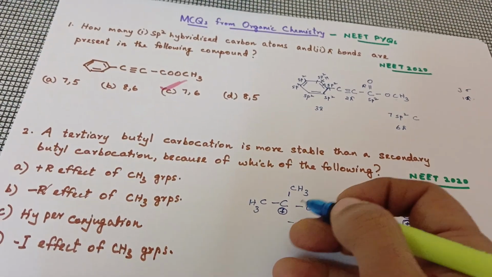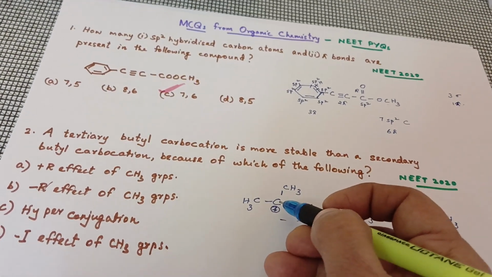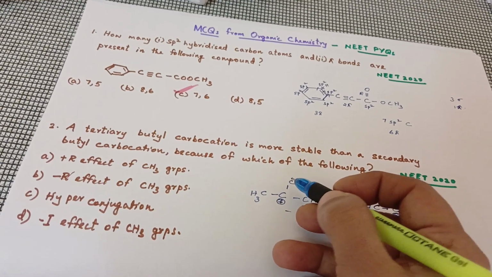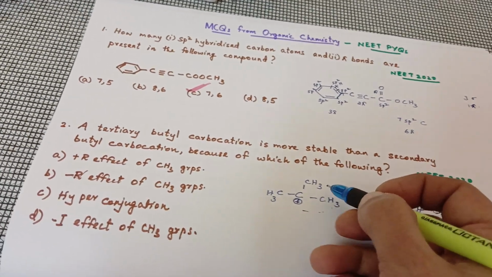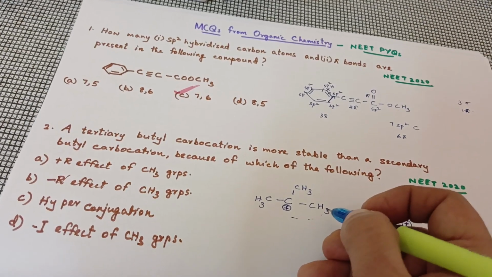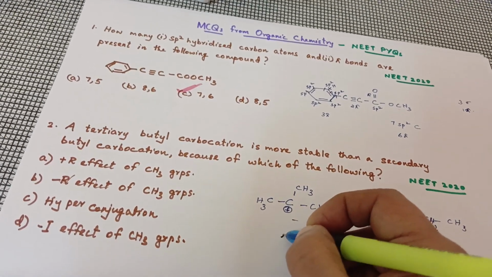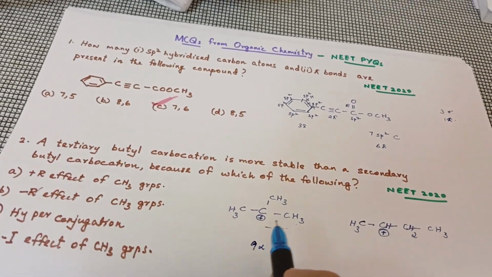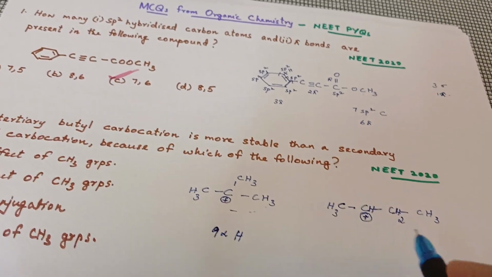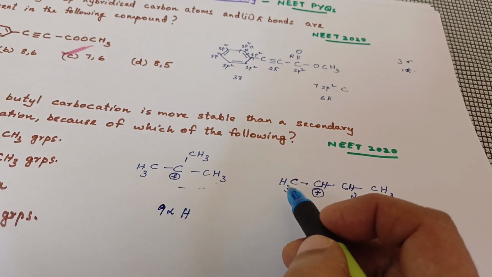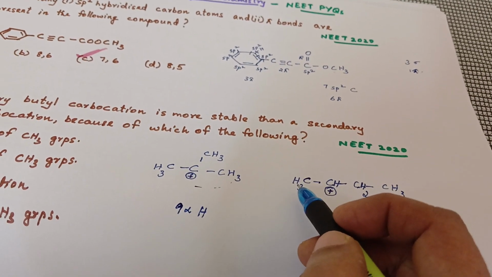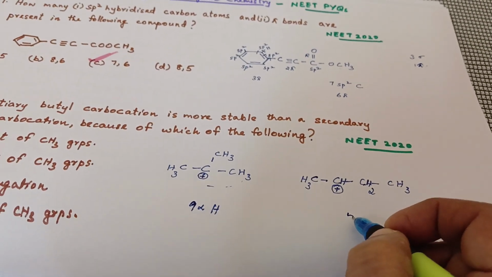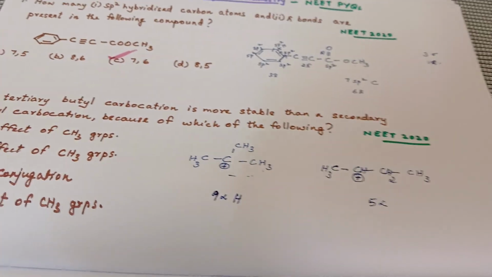How many alpha hydrogens are in here? So this is the carbon with a positive charge. This is an alpha carbon, this is an alpha carbon, this is an alpha carbon. Each of these are having 3 alpha hydrogens. So 9 alpha hydrogens in this tertiary butyl carbocation. What about here? Here you have 3 alpha hydrogens, here 2 alpha hydrogens. So 5 alpha hydrogens.